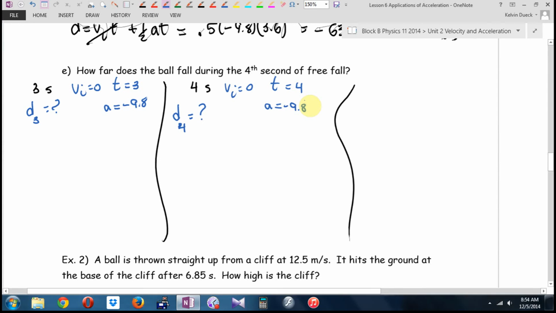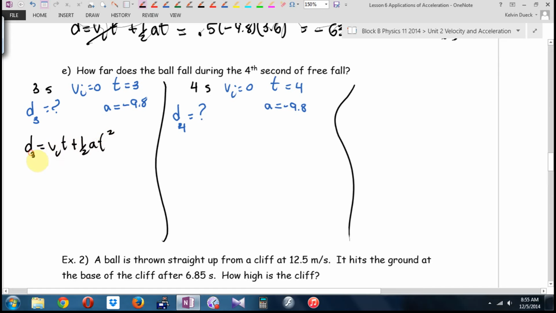I'm looking for an equation that has time, velocity initial, A, and D in it. Anyone? Danielle? You are right. D equals VIT plus a half AT squared.